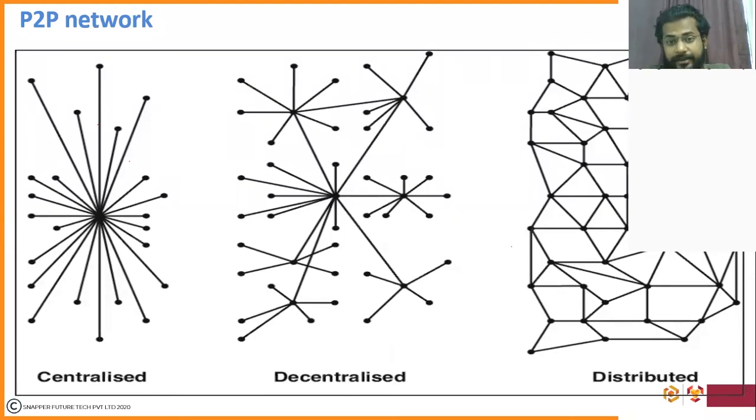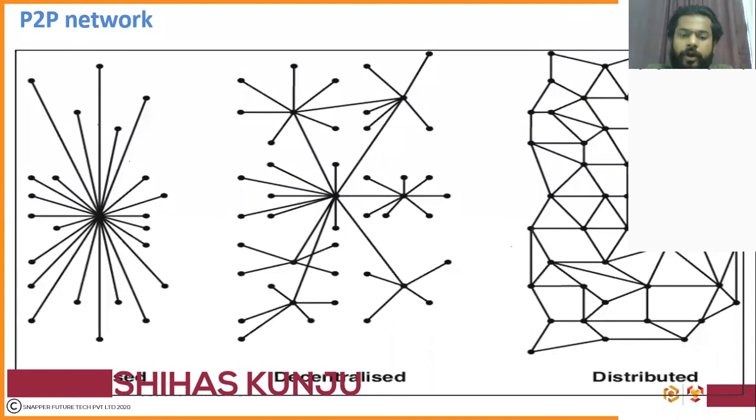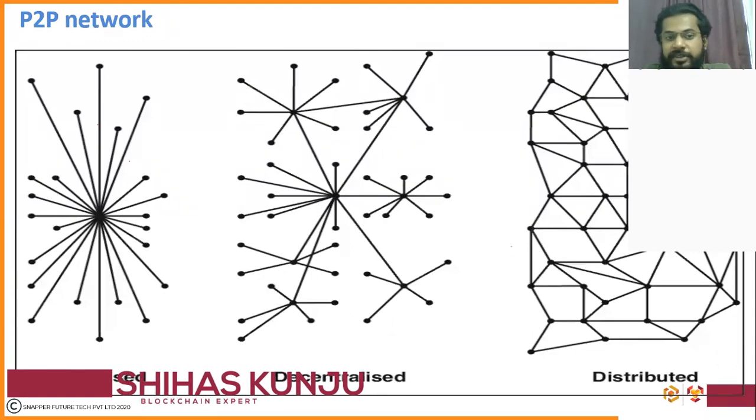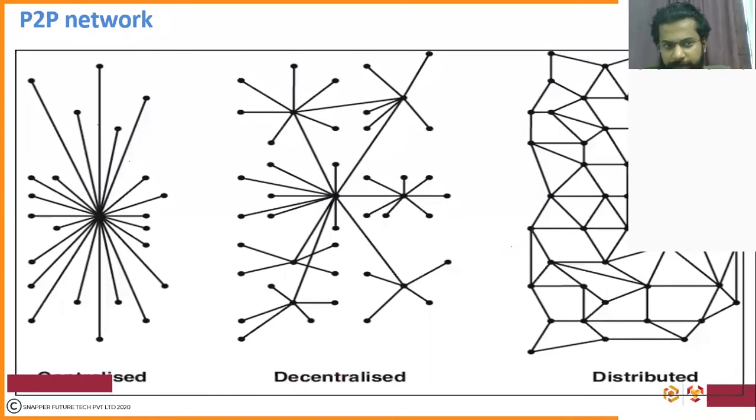But technically, it uses a distributed computing network because it uses peer-to-peer network, which, as per computer science, is a distributed computing technology. So the technical implementation is distributed computing, but logically, when we speak about blockchain, we call it decentralized, because it doesn't have any central entity. So the first aspect is clear, right? It uses a peer-to-peer network. The network architecture for any kind of blockchain network is peer-to-peer.